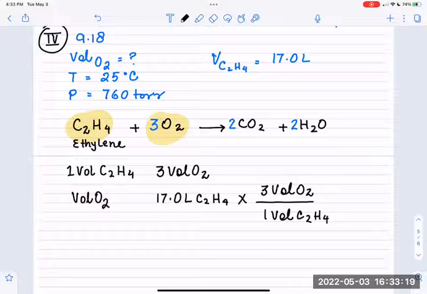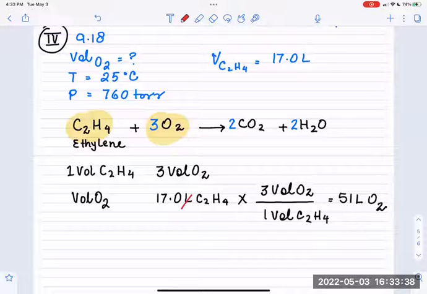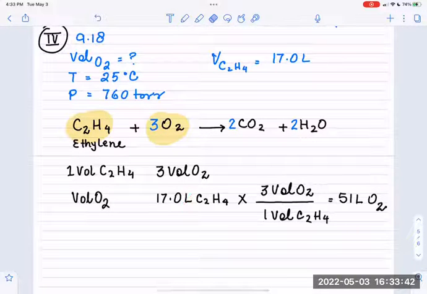So when this cancels out, you get 17 times 3, and that is 51. So 51 volumes, and 51 volumes is 51 liters of oxygen. Okay, so here volume and volume cancel, but liters is what is left, and volume is the same. Okay, let's see.